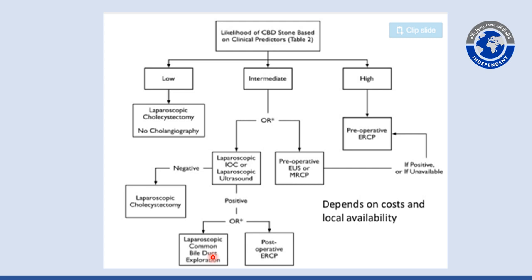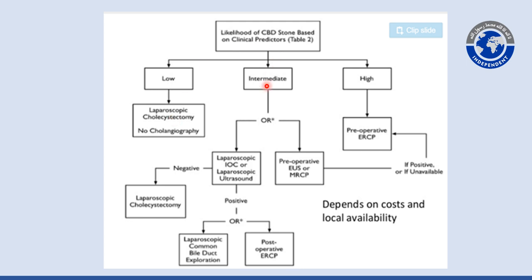To summarize this, when you have assessed the patient, if the patient has low likelihood of CBD stone based on the clinical predictors, then simply laparoscopic cholecystectomy would be the treatment required.